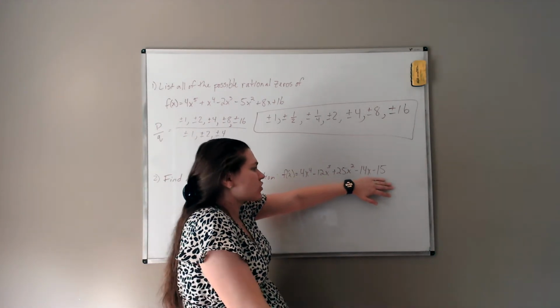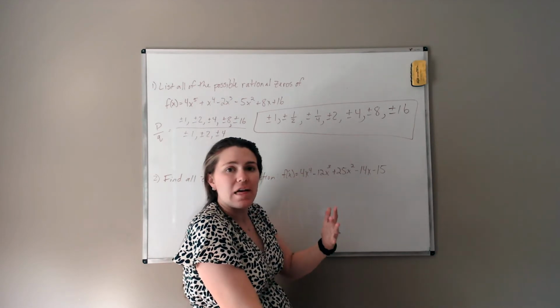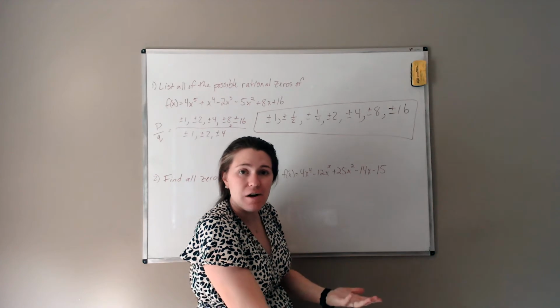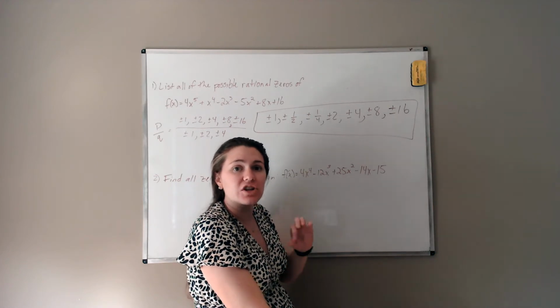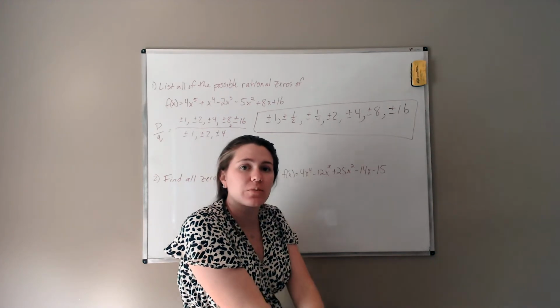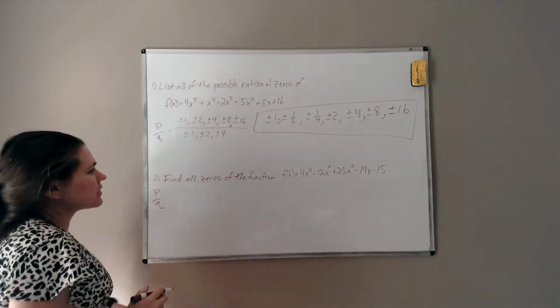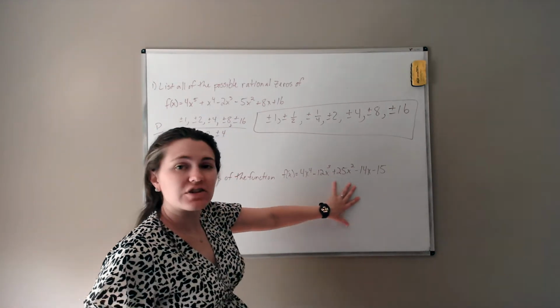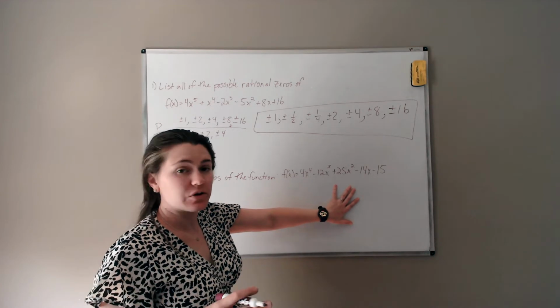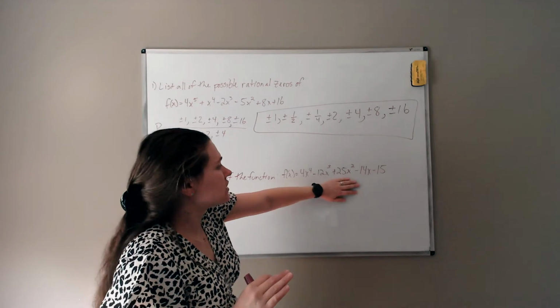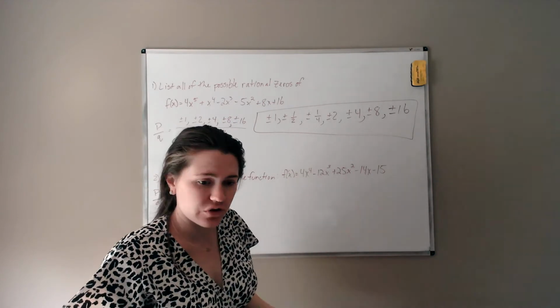But this isn't factorable. So we hope that this has some rational zeros, because if it does, we'll be able to identify them, because we're going to generate a list of all of the possible rational zeros. So first step is I try and factor this to find my zeros. I can't. Okay, so now I'm going to see, hopefully this function has some rational solutions.